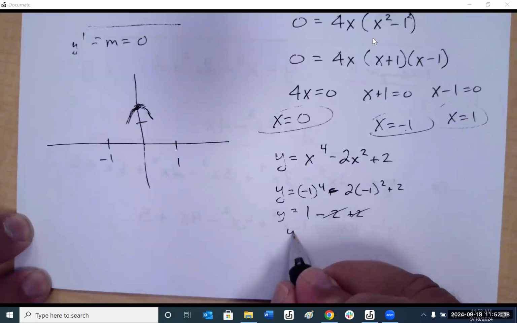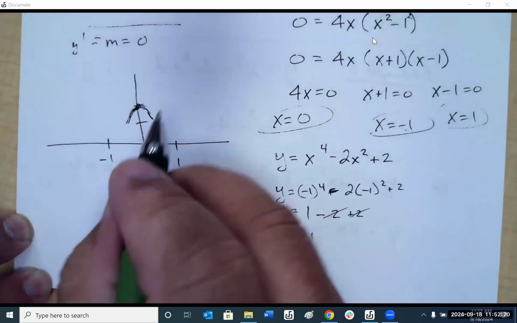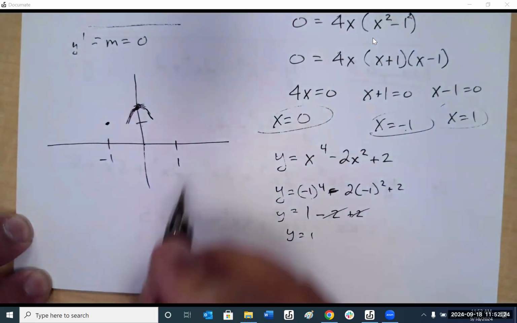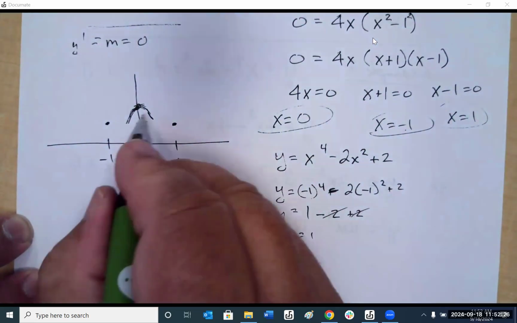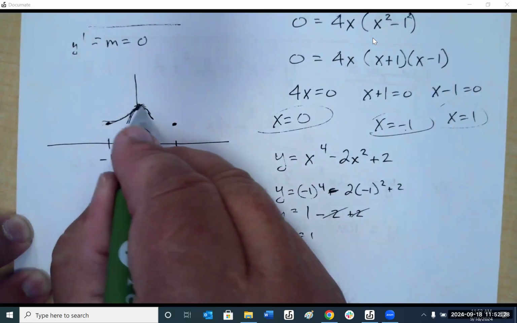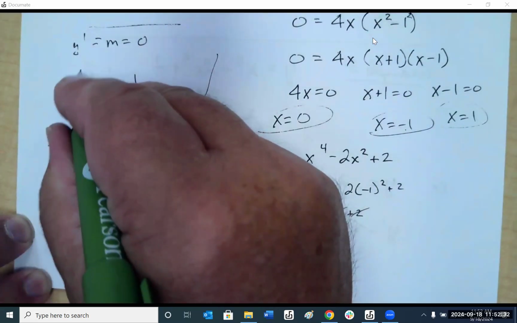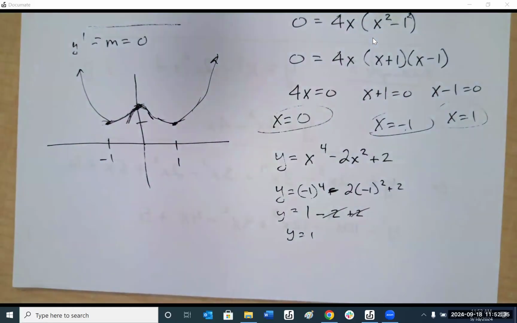So y equals 1. This is what your graph looks like.